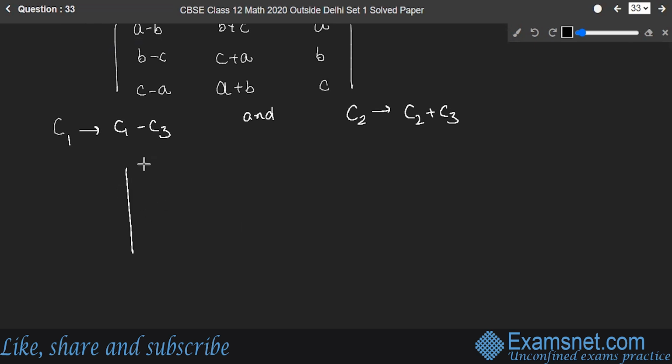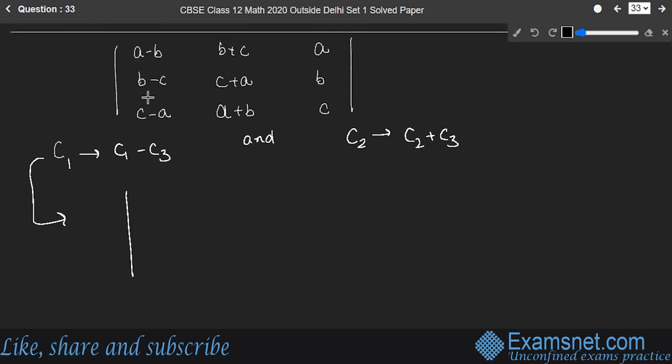So now, after applying these transformations, this will become A minus B, minus A. This will be minus B, minus C, minus A.